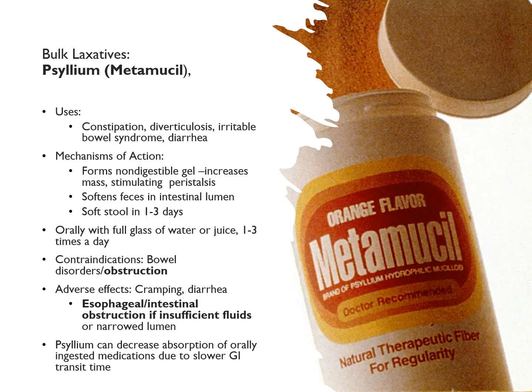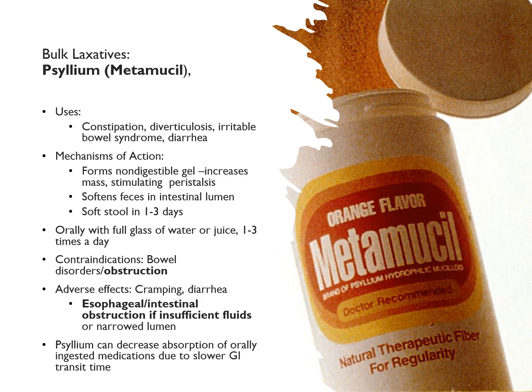The first of the laxatives, which is going to be a bulk laxative, is psyllium or Metamucil. You've probably heard of that one before. It is a bulk forming laxative that absorbs water, forming a gel that softens the stool and stimulates the gut to produce a bowel movement. It typically produces results within 1 to 3 days.